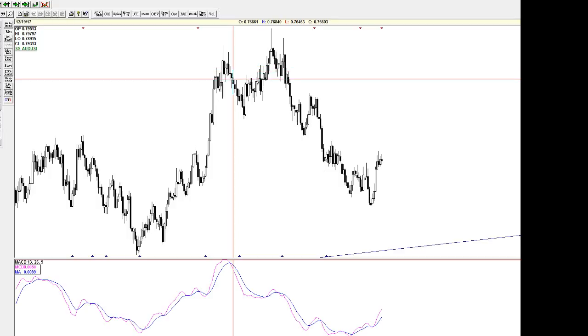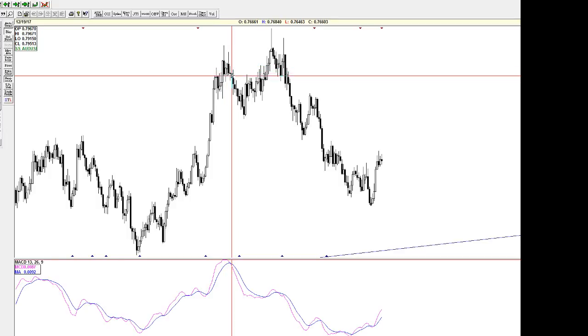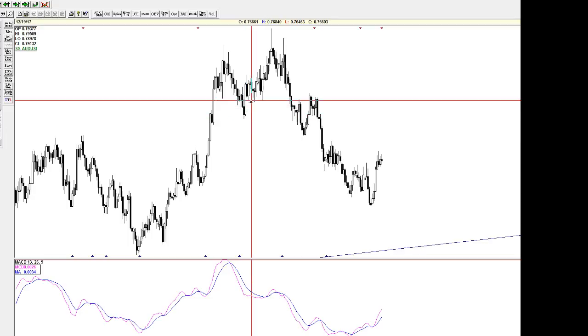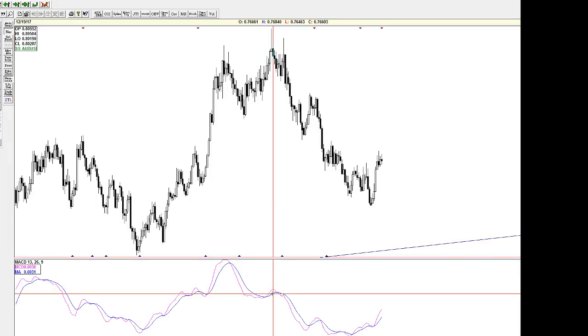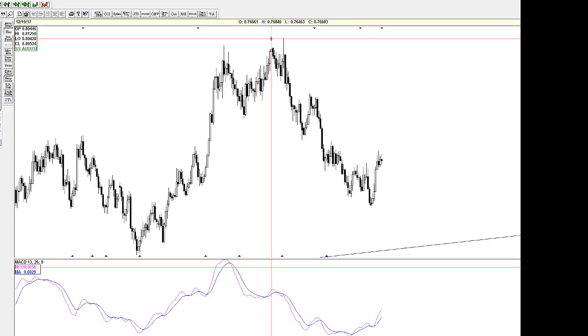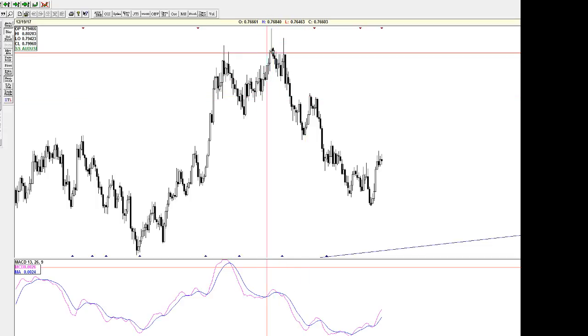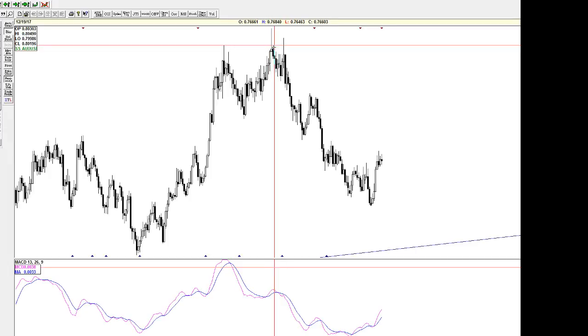I'm selling, or I'm going short, or I'm just covering. Then we go down, but then we make another high, which is at September 8th. And look what the MACD does. Does a divergence. It's lower, but price went higher. So that's a good indicator or technique to short the Australian dollar right here.